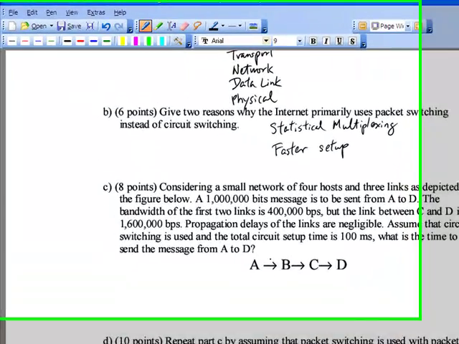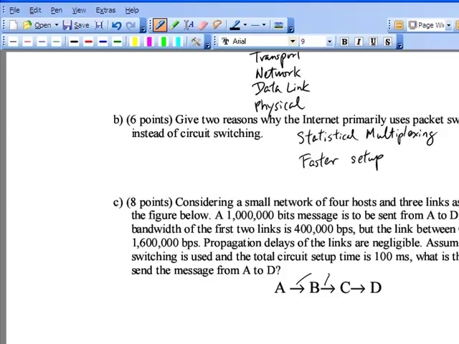So we have a situation where links A to B and B to C are both 400 kilobits per second, and C to D is different, at 1.6 megabits per second. Now, despite the fact that C to D has a faster bandwidth, the overall bandwidth from A to D is always bounded by the bottleneck, the slowest link, which is 400 kilobits per second.